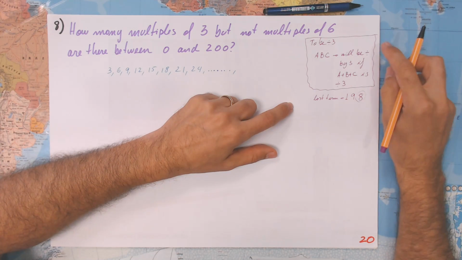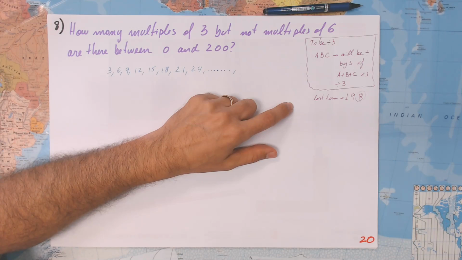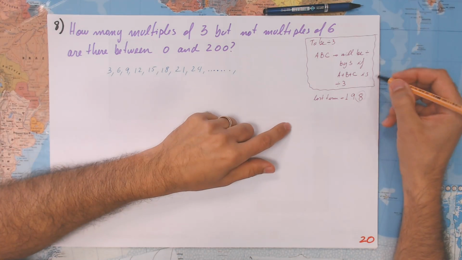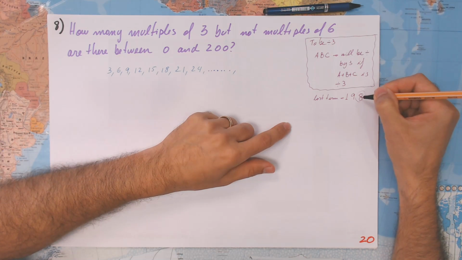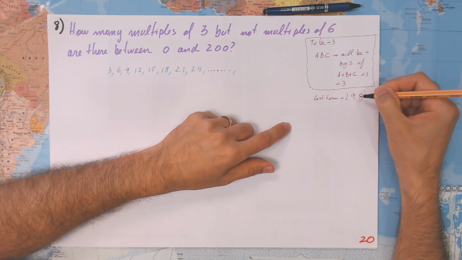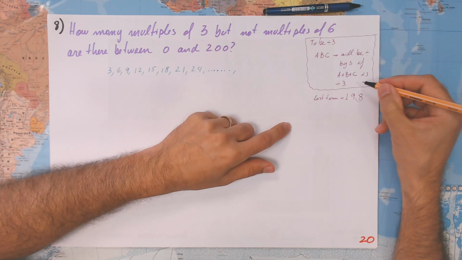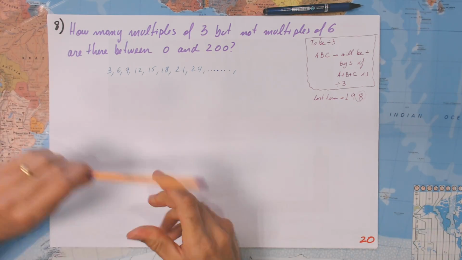I mean, if ABC is divisible by 3, it's a multiple, but it's the same thing. In the end here we have 18, and we can divide 18 by 3, so 18 is also a multiple of 3. Either way is good. So the last one is going to be 198.